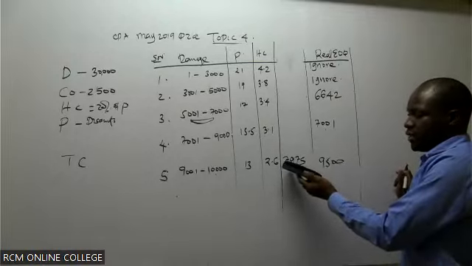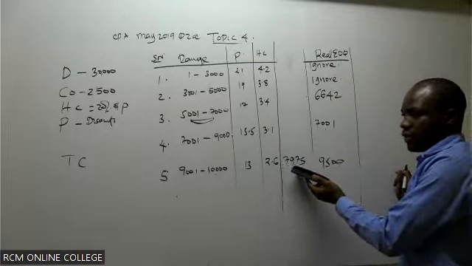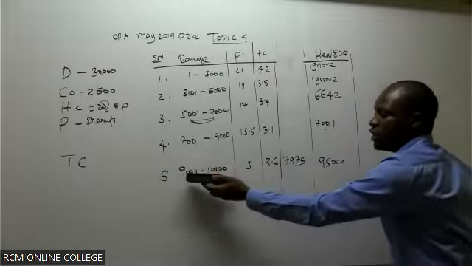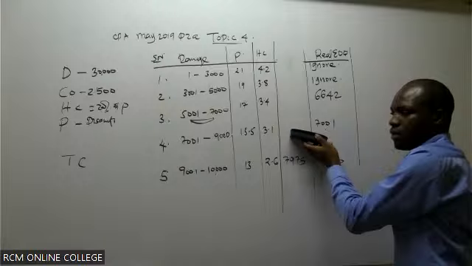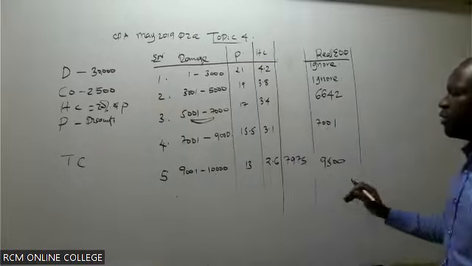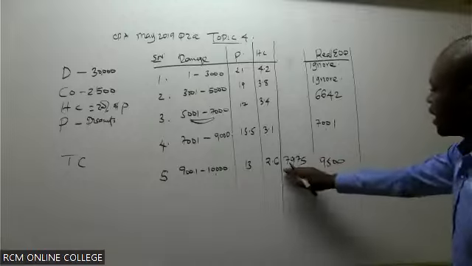We've calculated this 79, 75. Alafu sasa, because it is not within this range, unakuja unaiweka huku nyuma. Is it? No. Why do you bring it back? Look at how you are arriving at these figures.